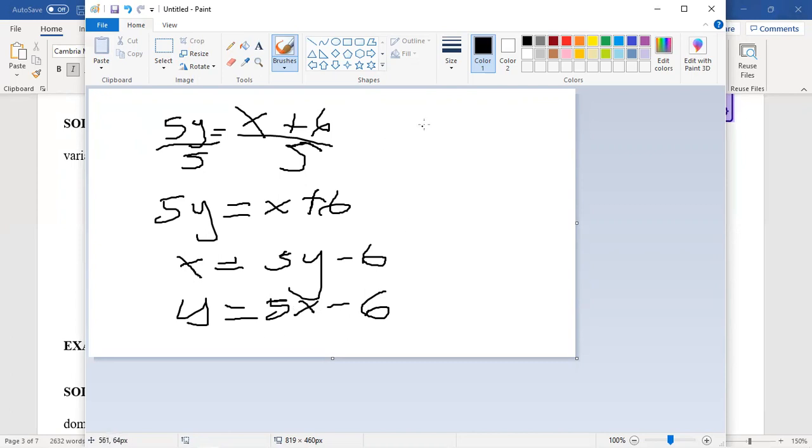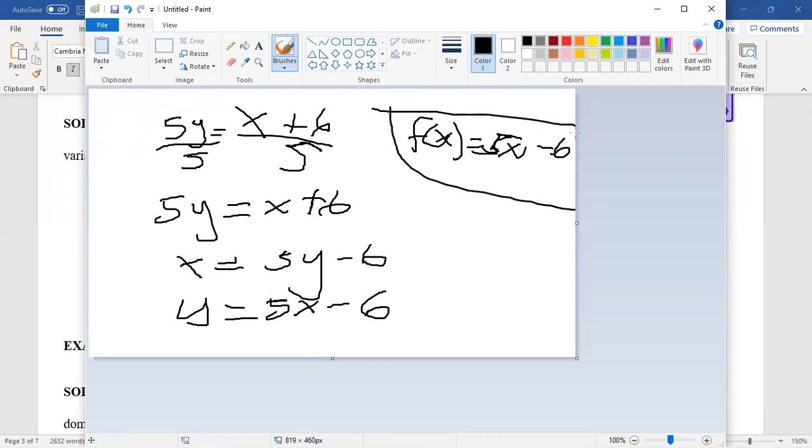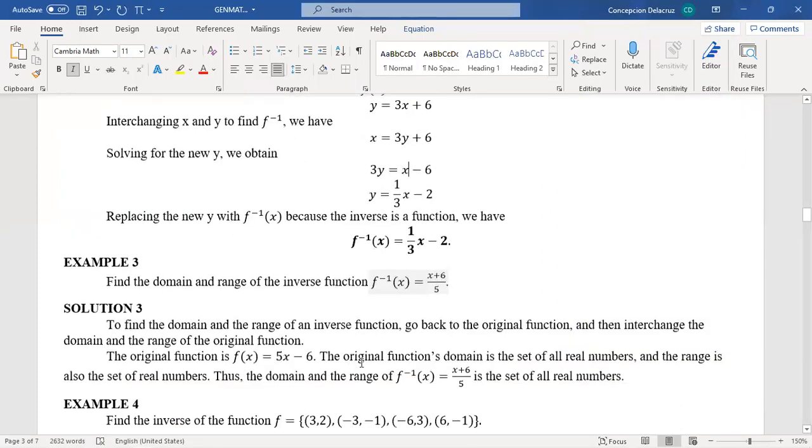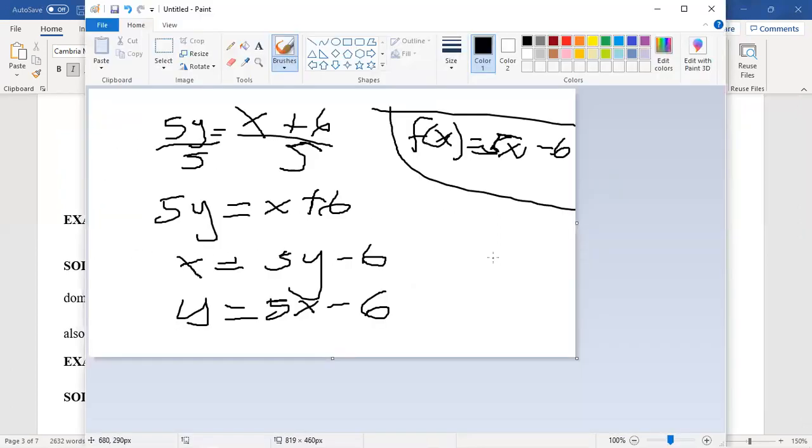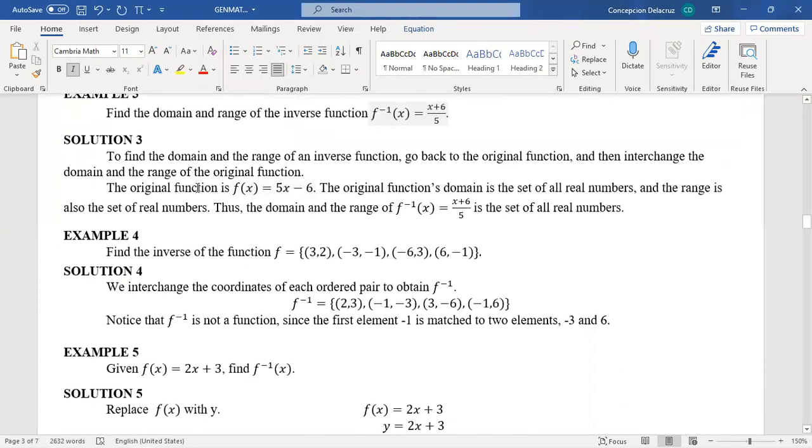So the final answer now is f of x is equal to 5x minus 6. Please help me, since I have difficulty typing. So first the original equation, 5x minus 6.